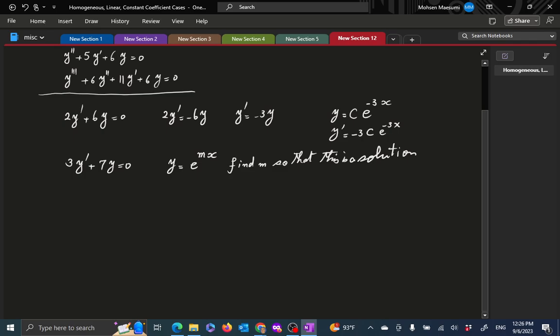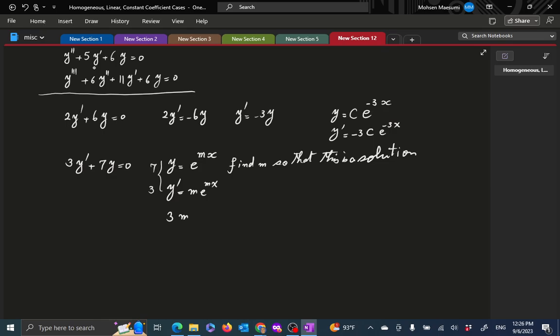If this wants to be a solution, then the derivative of it by the chain rule is m times exponential of mx. We don't know what m is, but if the solution is of this type, its derivative is this. When I put it back in the equation, I need 3 of this and 7 of that.